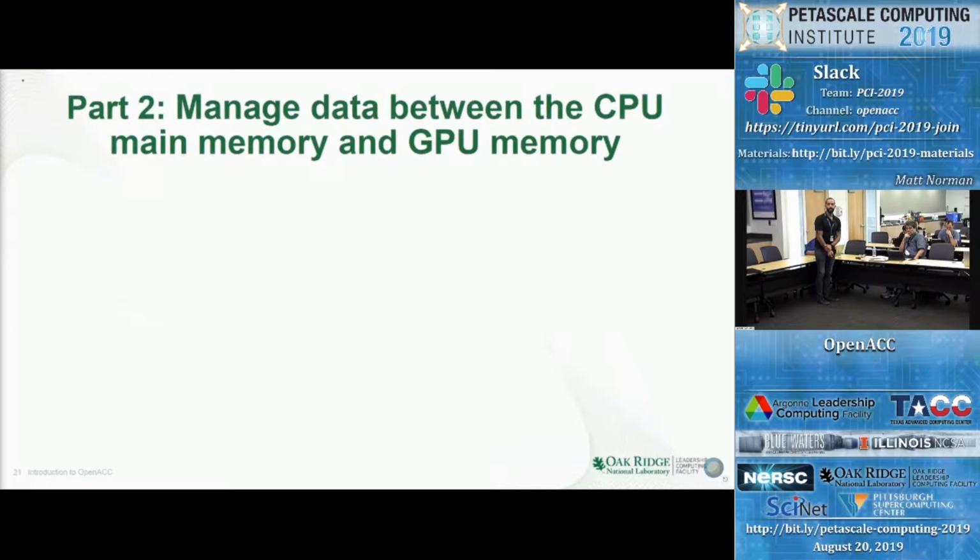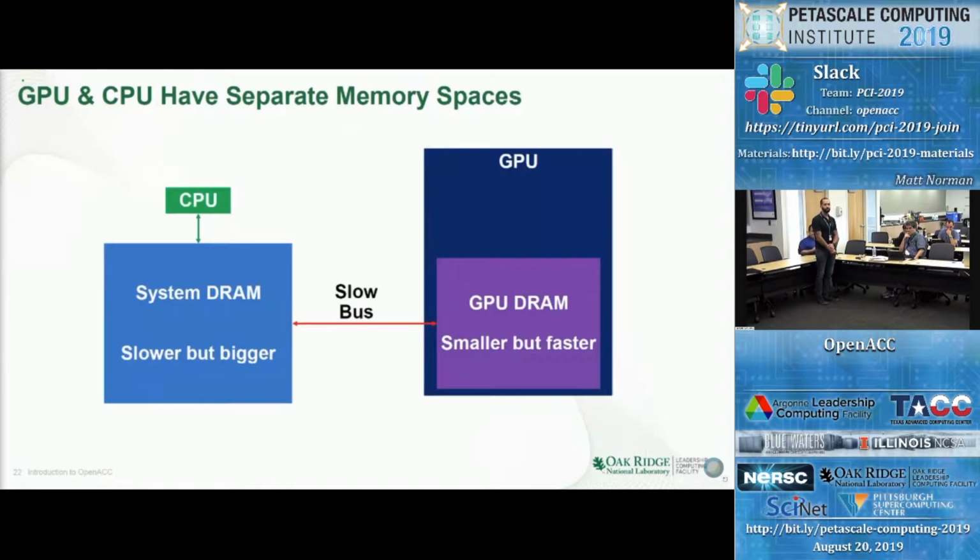So I'm going to move over to the idea of managing data between two separate memory address spaces. If I made a cartoon of what it looks like to have a typical GPU and a typical CPU, the CPU has a main system DRAM, which is slower but typically a lot bigger, and then you have this extremely slow bus in between the main memory and the GPU memory.